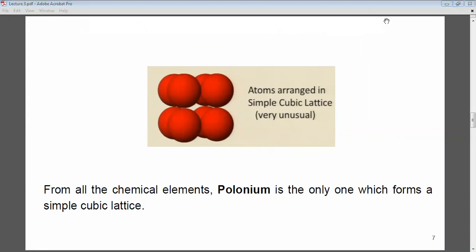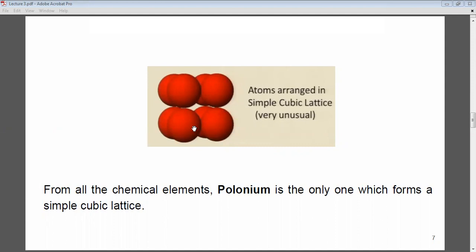Now, why is it extremely unusual to have this arrangement? The reason is, I want you to imagine stacking spheres, like stacking tennis balls, for example, in a box. Try to stack them in this arrangement.